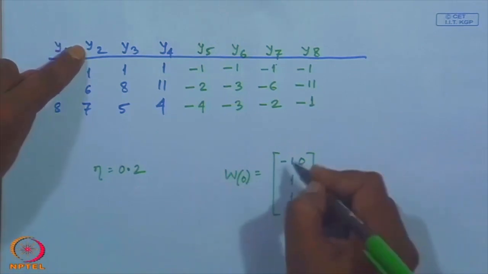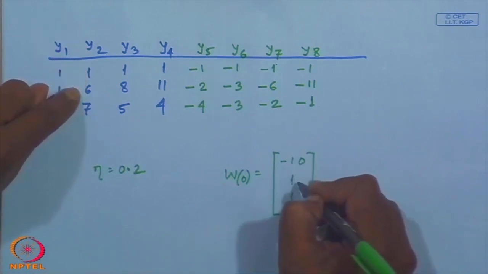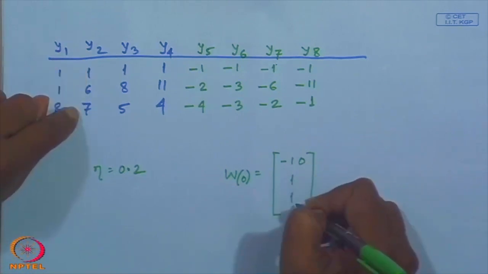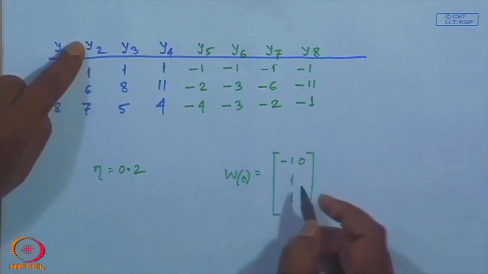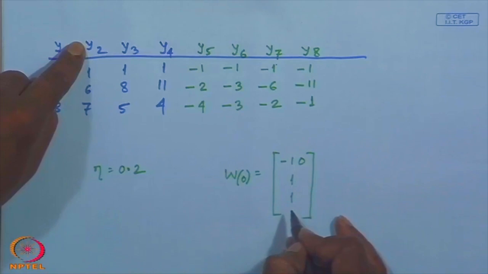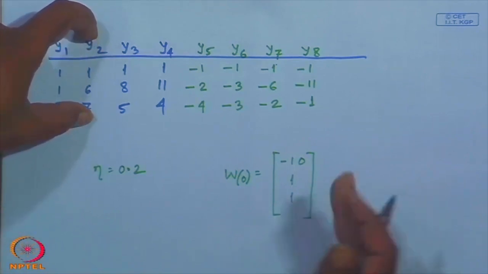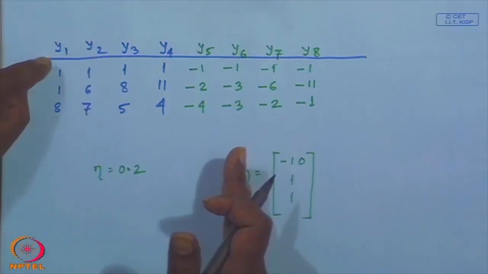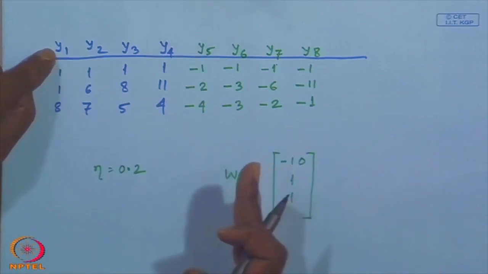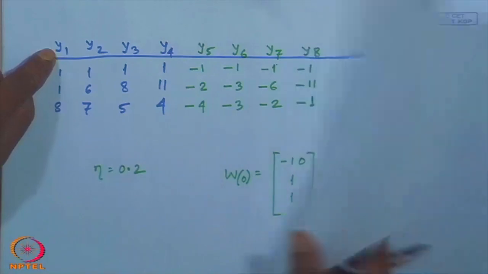Coming to y2, W transpose y becomes minus 10 plus 6 plus 7, which is nothing but 3, that is greater than 0. So y2 is correctly classified by this weight vector. I do not have to consider y2 for modification of W, but I definitely have to consider y1.